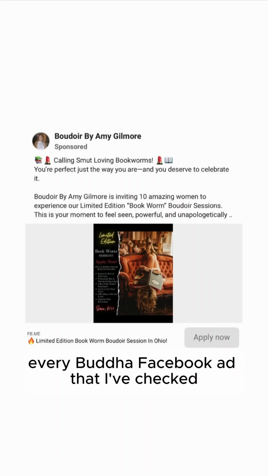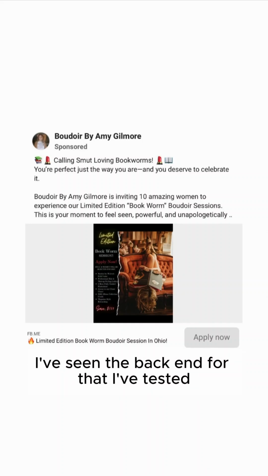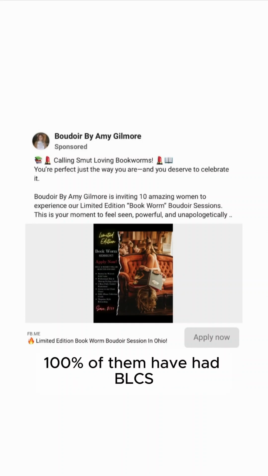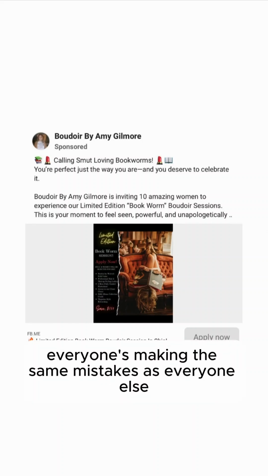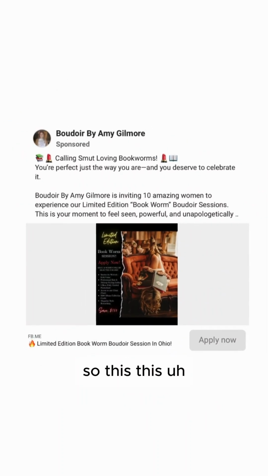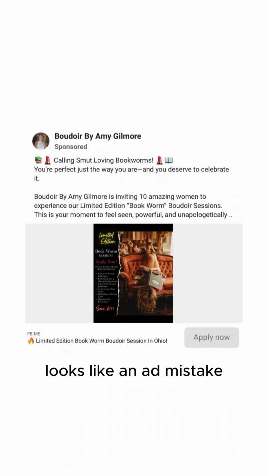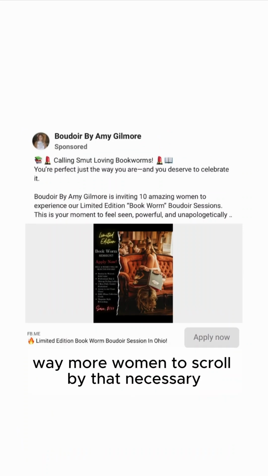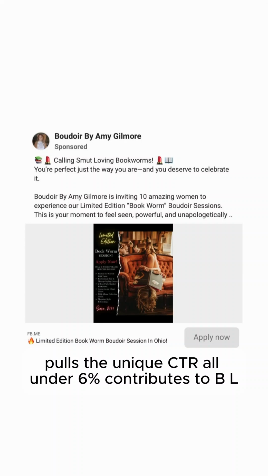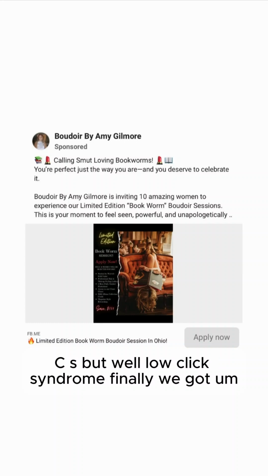Well, every Boudoir Facebook ad that I've checked, that I've seen the back end for, that I've tested, 100% of them have had BLCS, Boudoir low click syndrome, unique CTR under 6%, because everyone's making the same mistakes as everyone else. So this looks like an ad mistake, causes way more women to scroll by than necessary, pulls the unique CTR under 6%, and contributes to BLCS, Boudoir low click syndrome.